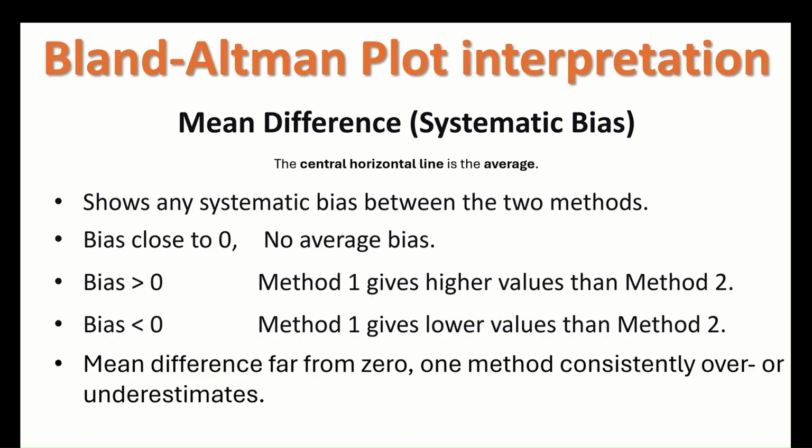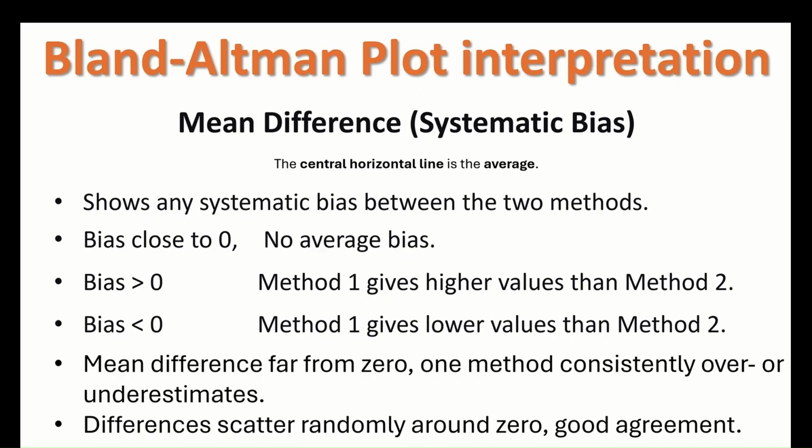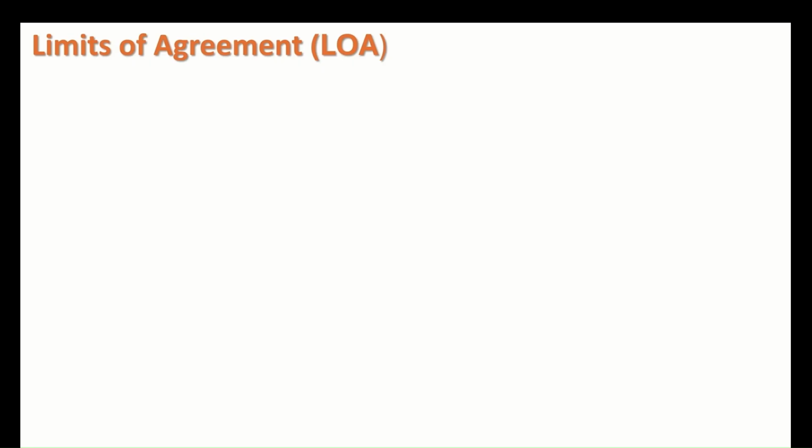So if the mean difference is far from 0, then one method constantly over or underestimates. If the differences are scattered randomly around the 0 value, then that indicates a good agreement.